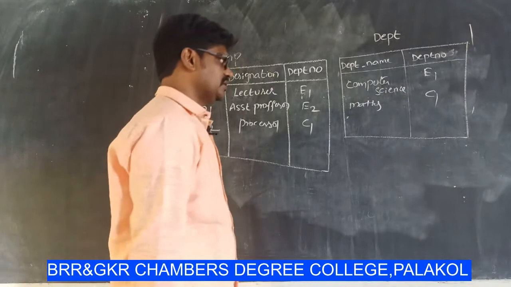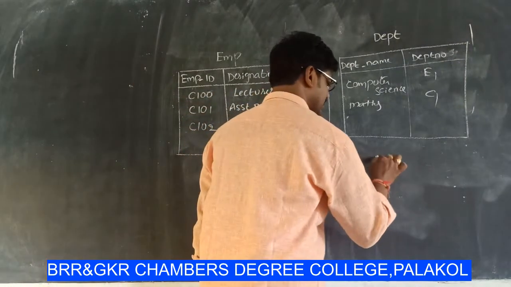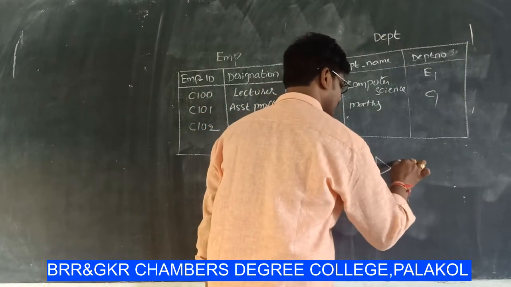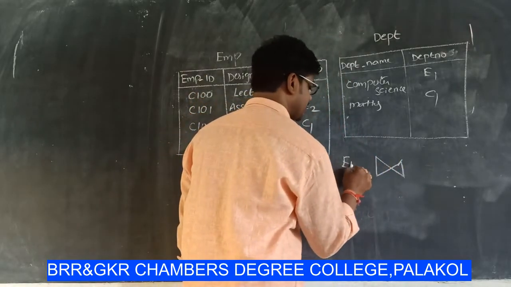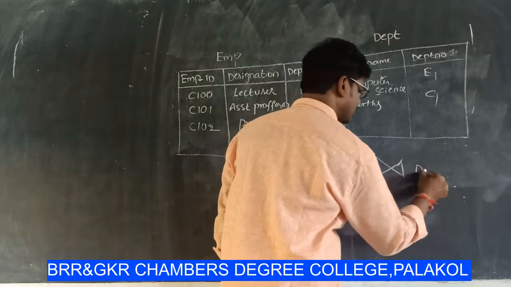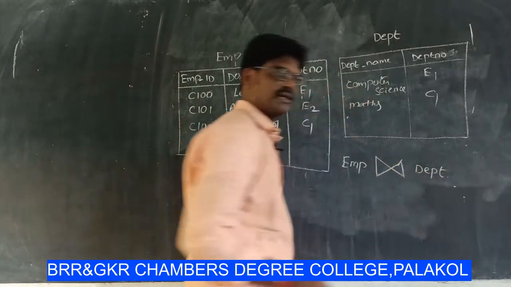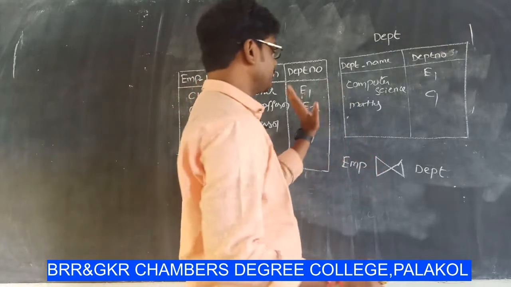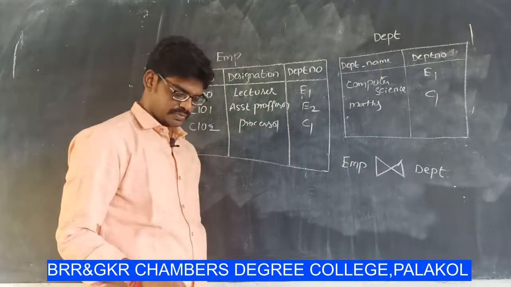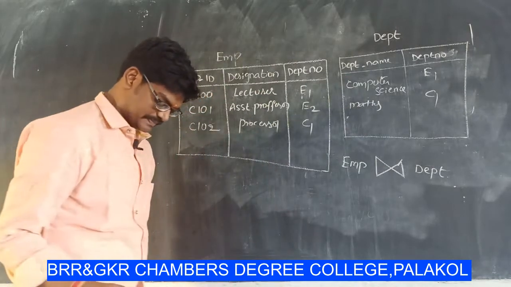This is the symbol for join, applied on the relations employee and department. What is the output of these two relations?